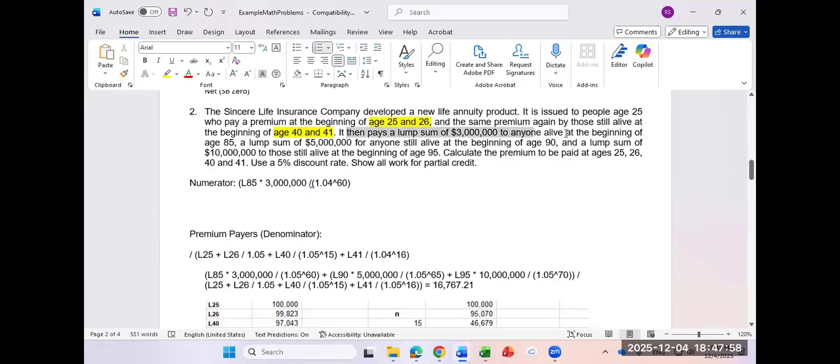So it pays a lump sum to anyone alive, a lump sum of 5 million, anyone alive at age 90? How much? 5 million? Don't tell me, but write it down. What's your N for this one? Don't say it out loud.